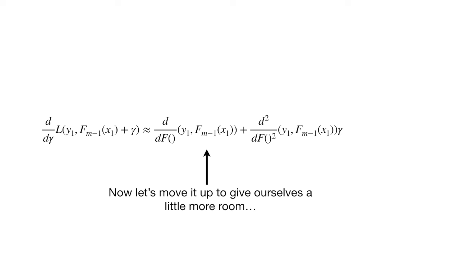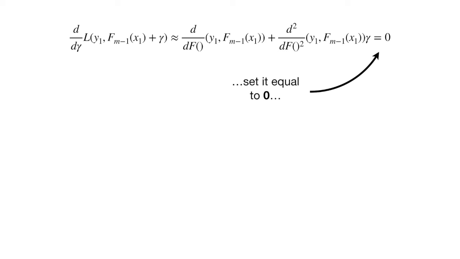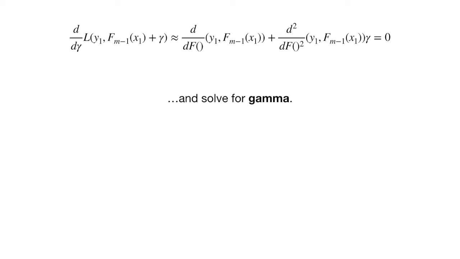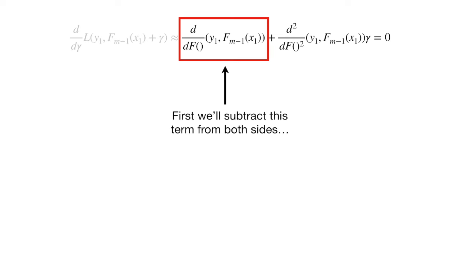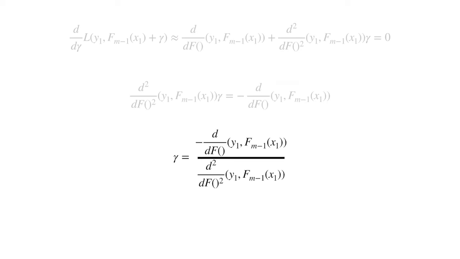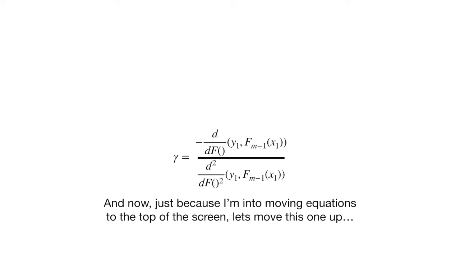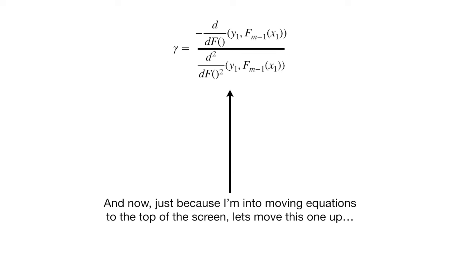Now let's move it up to give ourselves a little more room. Set it equal to 0 and solve for gamma. First, we'll subtract this term from both sides. Beep. Then we'll divide both sides by this term. Boop. Bam! We solved for gamma. And now, just because I'm into moving equations to the top of the screen, let's move this one up.